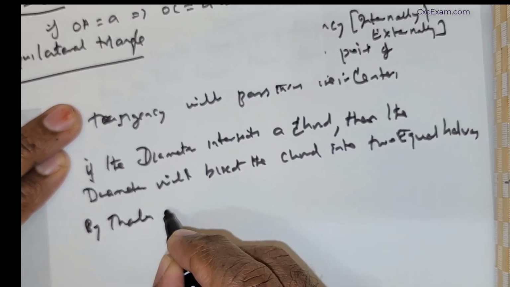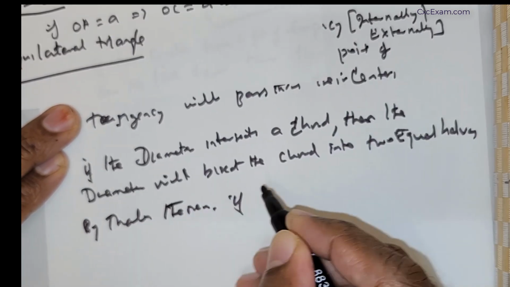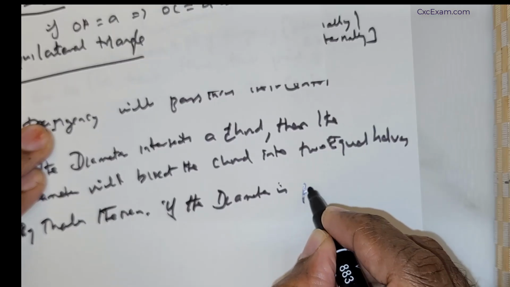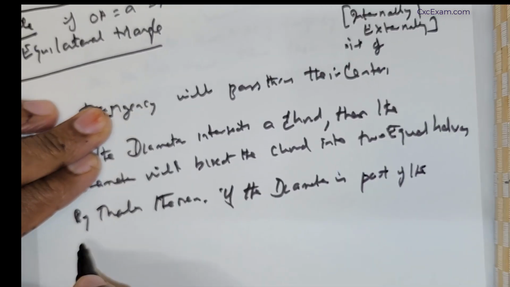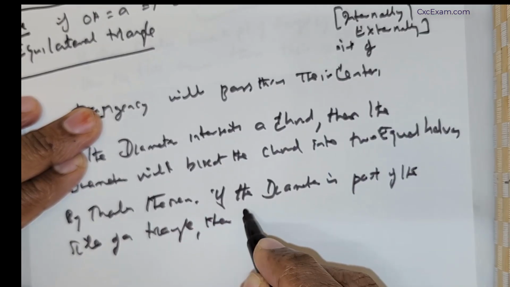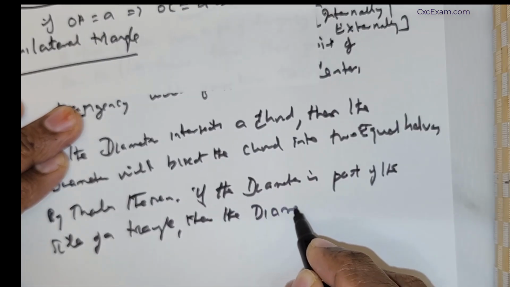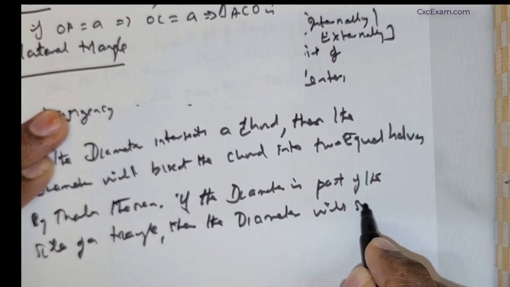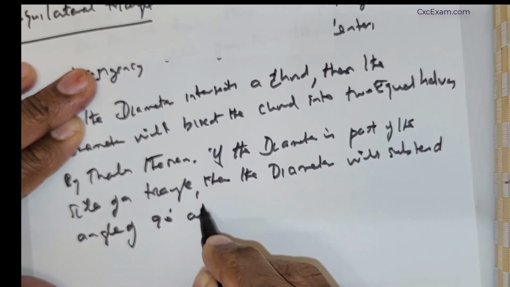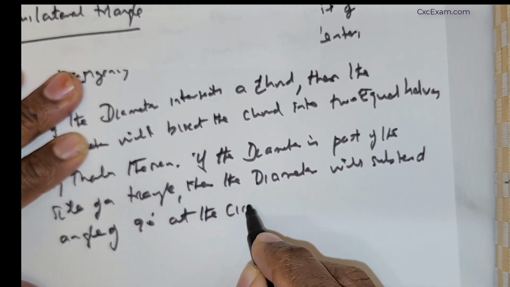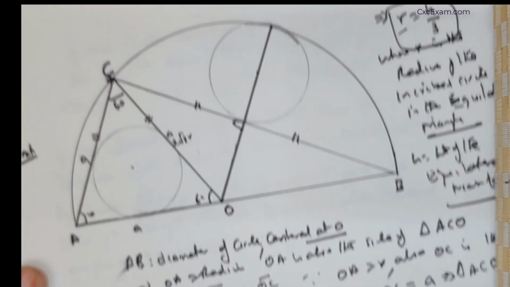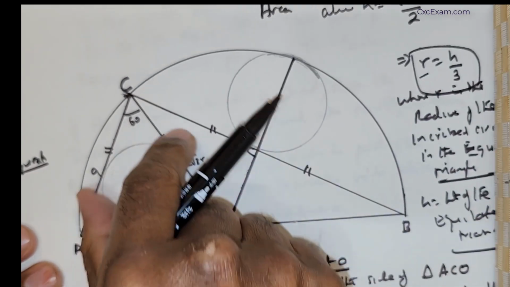By Thales theorem, if the diameter is part of the side of a triangle, then the diameter will subtend an angle of 90 degree at the circumference. Okay, so this diameter is subtending this angle.